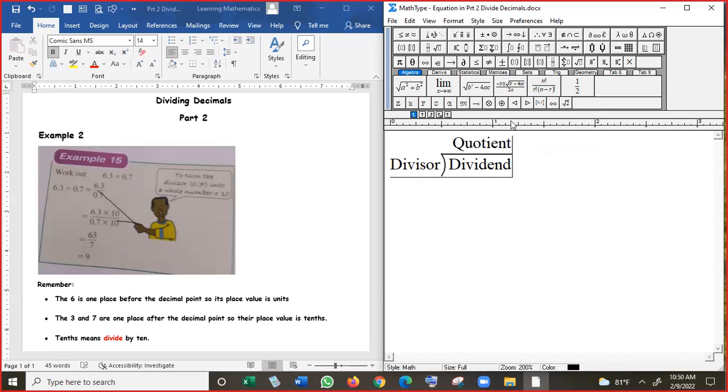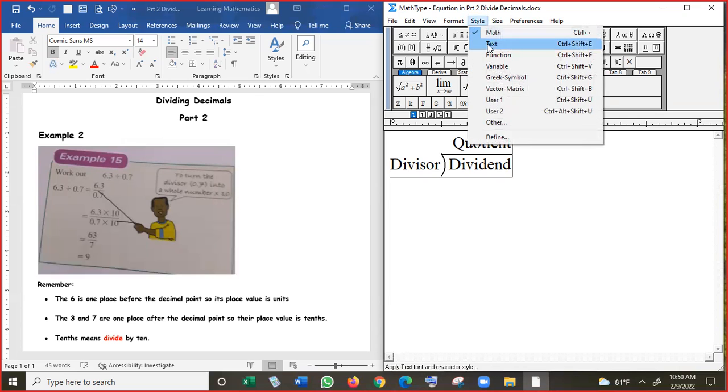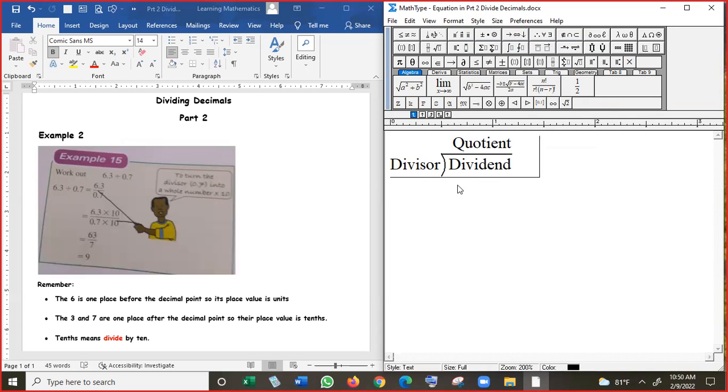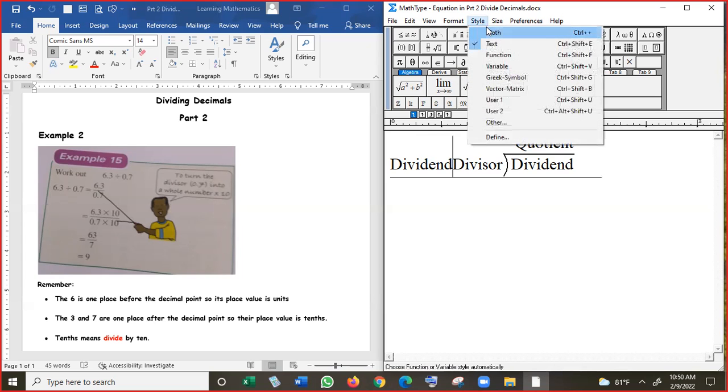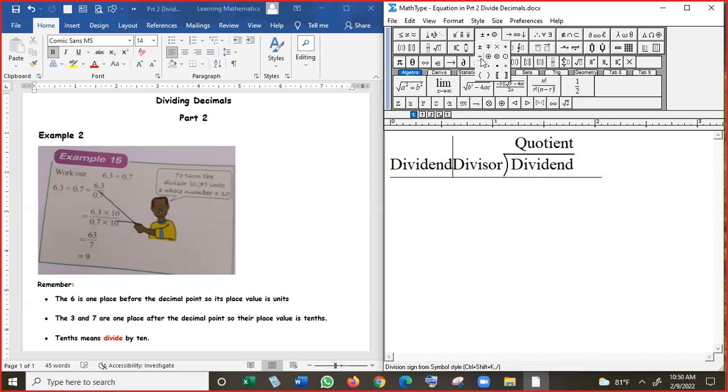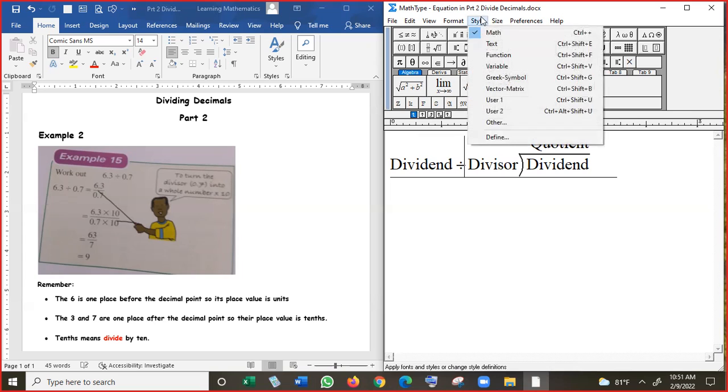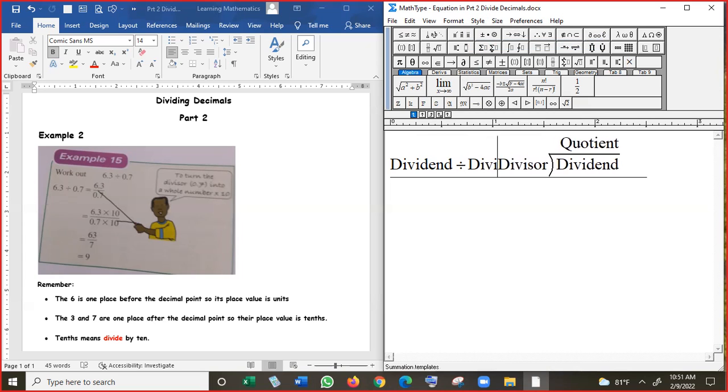Now, to represent this as a fraction, because division can also be represented as a fraction. We can start with the dividend, divided by the divisor, just watch this carefully, is equal to the quotient.